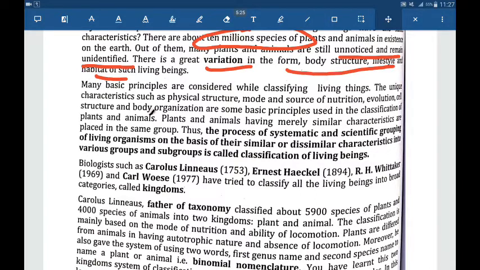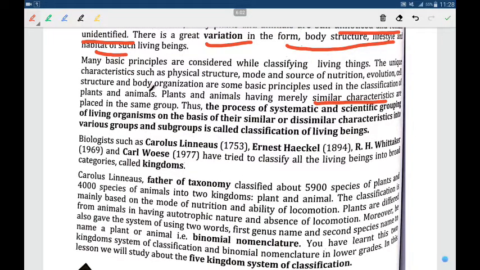So dear students, it's difficult to study them, isn't it? So to make their study easier, they are divided into different groups and subgroups according to their similar and dissimilar characteristics. Animals and plants having the same characteristics are kept in the same group.